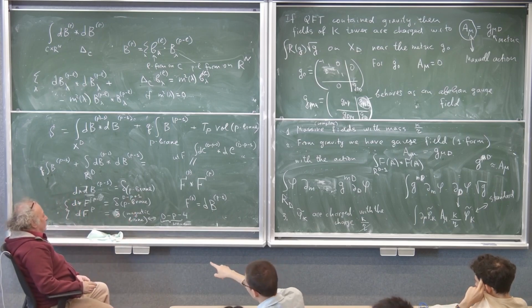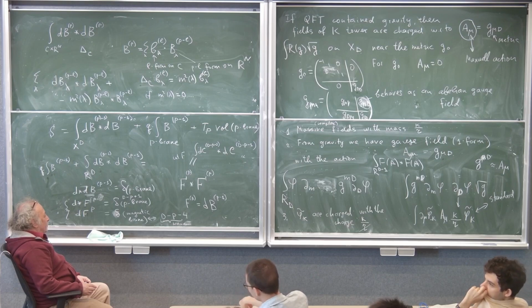So in the second line, we have a P form, then d applied, we have a P plus 1 form, which means on the right we should have a P plus 1 form.